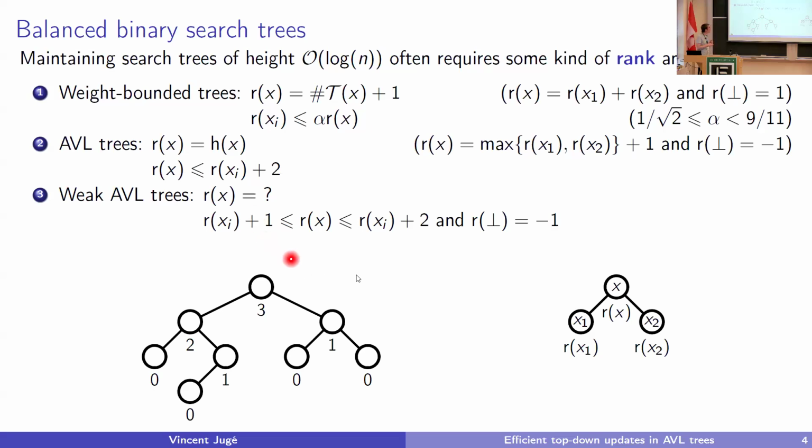Rather, we only ask that the rank of a null node should be -1, and the rank of every node should be a 1 or 2 child. Actually, in the official definition, you have other criteria, but I will just omit them because they will be useless for what I'm saying here. So I'm slightly lying, but just for the sake of simplification.